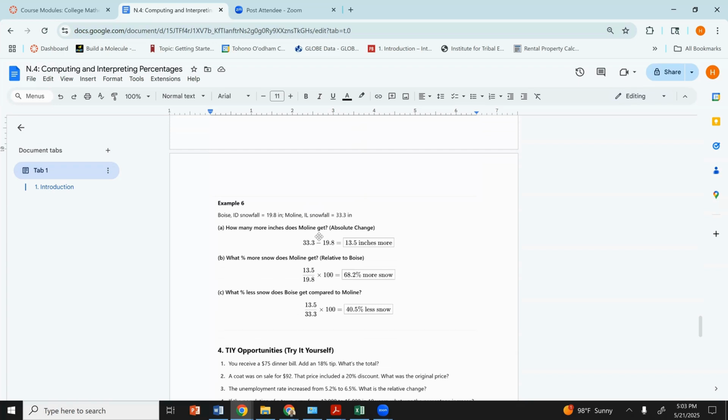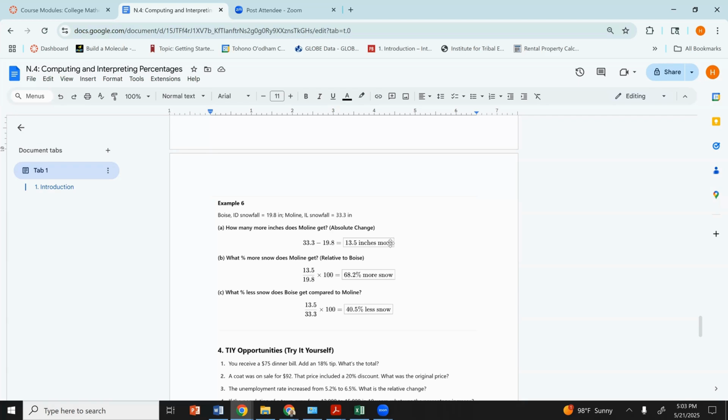So we can just look at their snowfall data and figure that out. Snowfall in Boise, Idaho is 19.8, and in Moline, it's 33.3. So what's the difference? 33.3 minus 19.8 is 13.5 inches more.